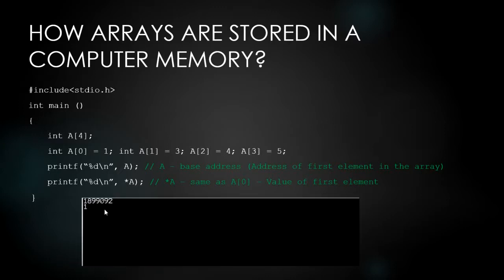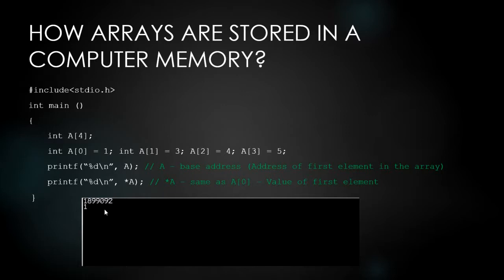Okay. So as you can see here, the first line is the address of the first element in the computer's memory. But the first element in the array is correct. A[0] equals 1.